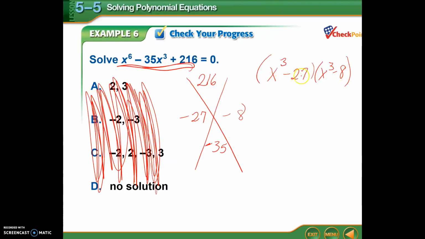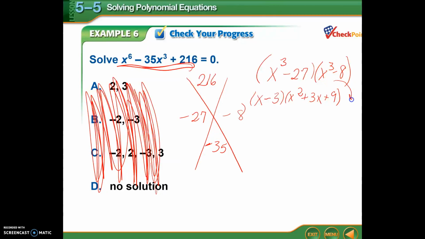And then these are a difference of two things cubed. So we could break that into, following the examples from yesterday, x minus 3, x squared plus 3x plus 9.